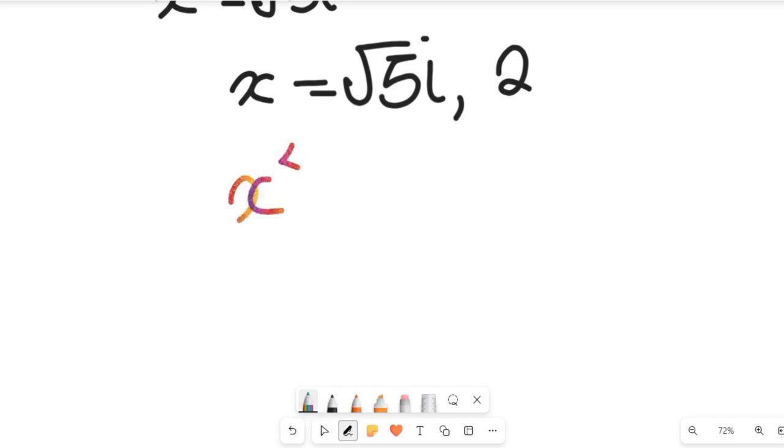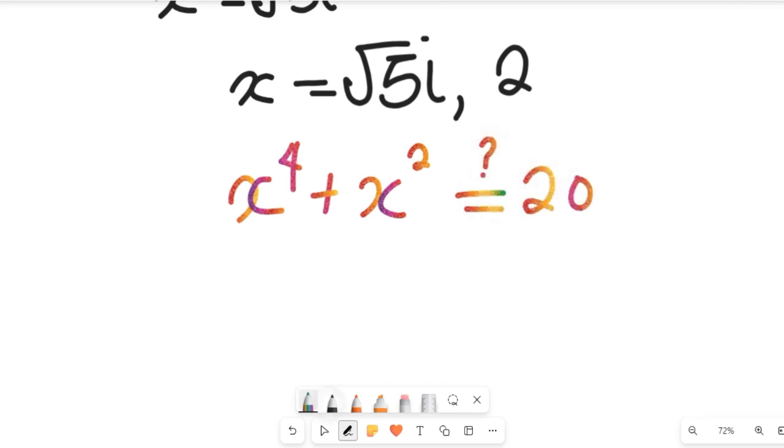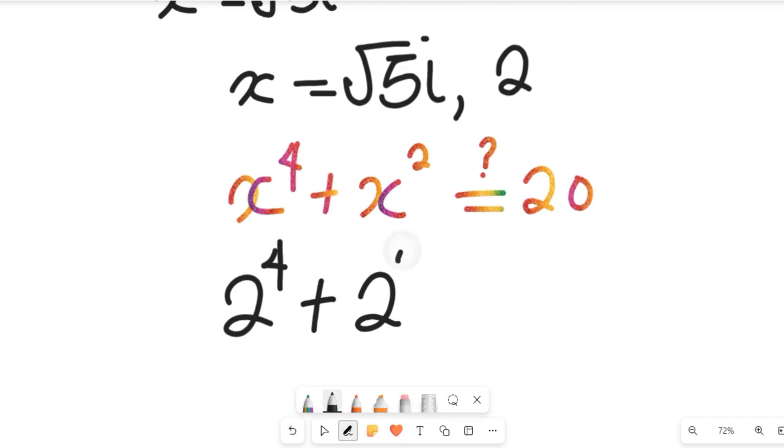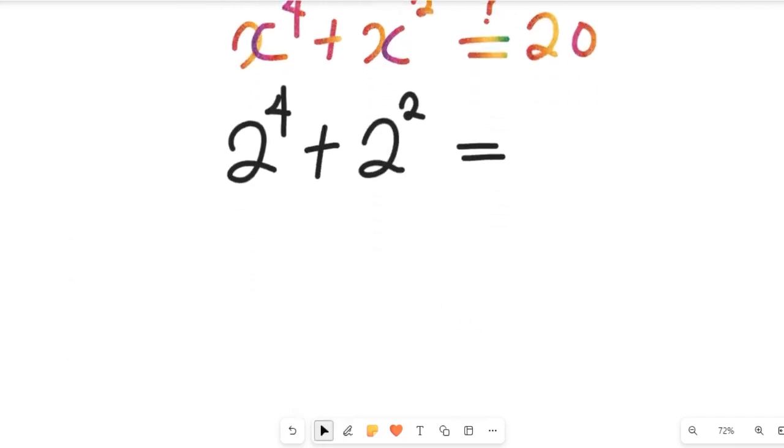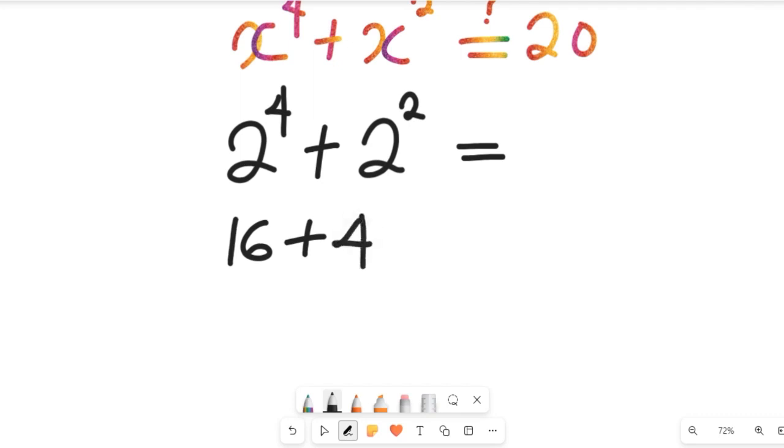We'll have 2 to the power of 4 plus 2 to the power of 2. Will it give us 20? Let's check. 2 to the power of 4 gives us 16, plus 2 to the power of 2 is 4. So this will be equal to 20.